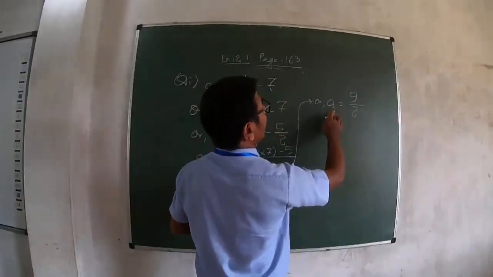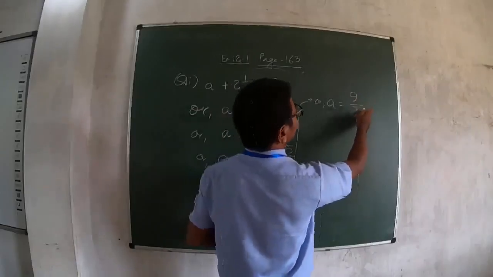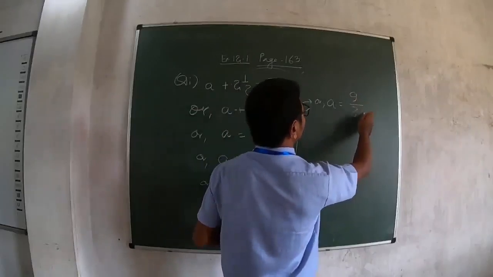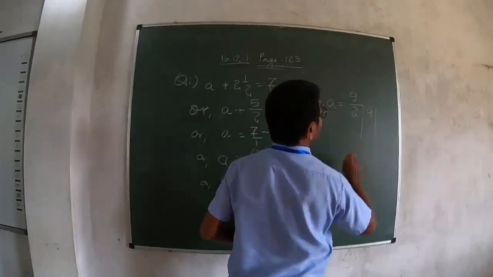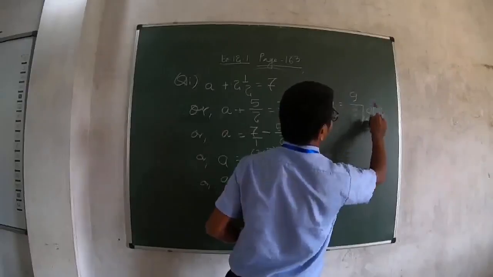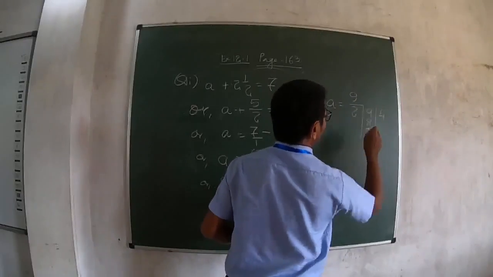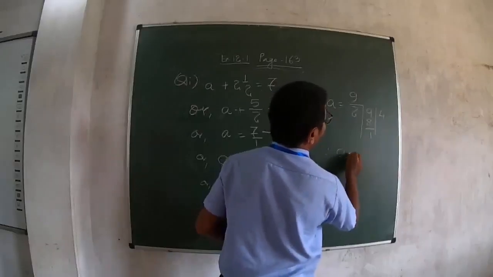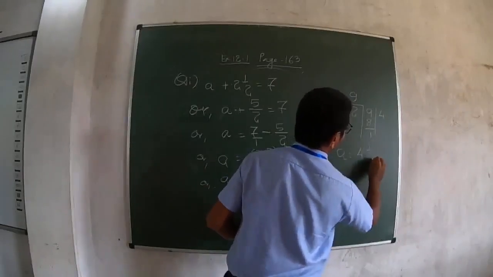Now A equal to 9 by 2. You can write this as an improper fraction also, or if you don't want, you can divide it. 9, 4 twos are 8, the remainder is 1, because 9 minus 8 is 1. Thereby, A equal to 4 whole 1 by 2. This is the answer.